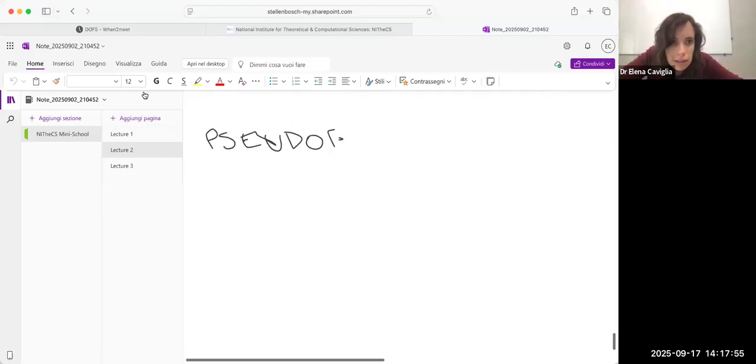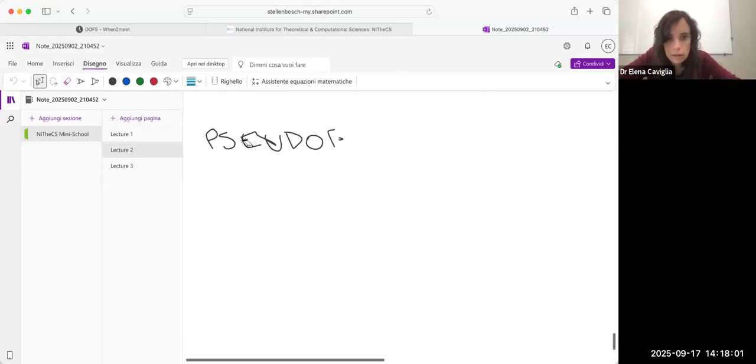So hopefully this will now work. Otherwise I can try and change maybe browser. Yeah, because this is not working properly.